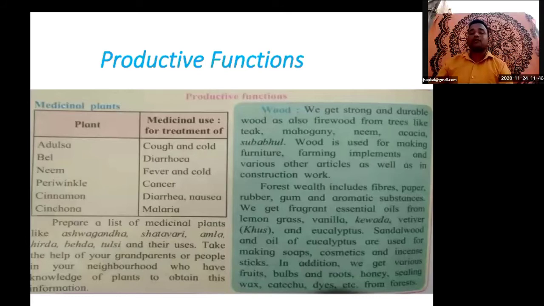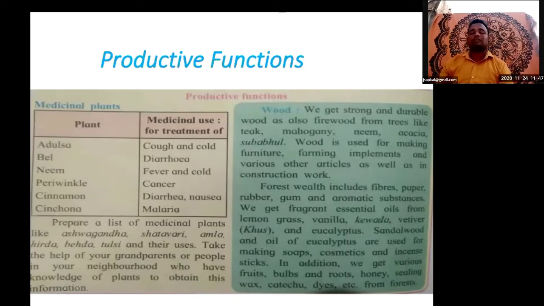Bel, we use for diarrhea. Neem, the use of neem is for fever and cold. Periwinkle works on cancer. Cinnamon is for diarrhea and nausea. And cinchona is for malaria.